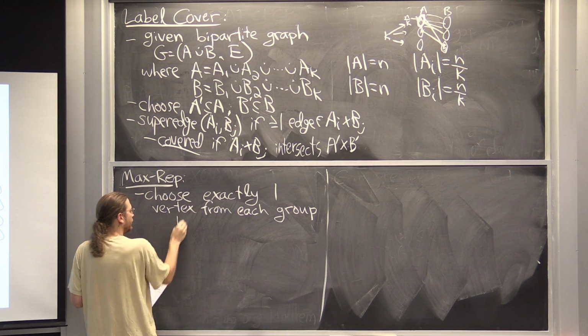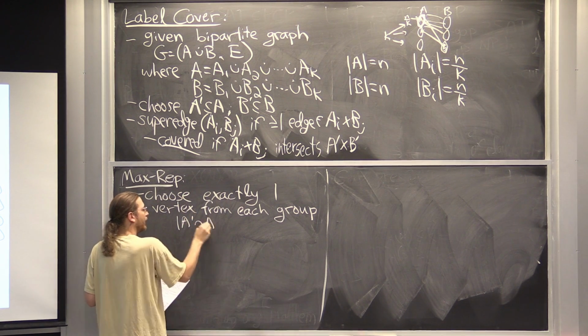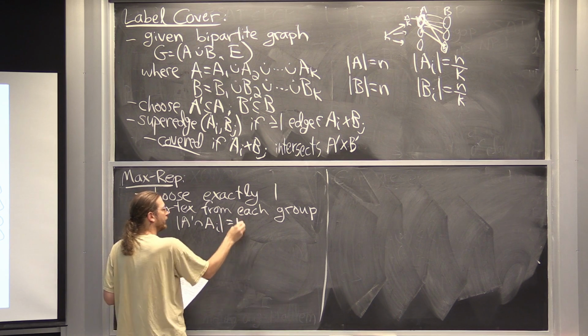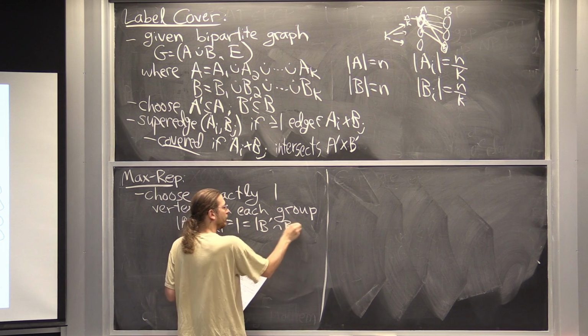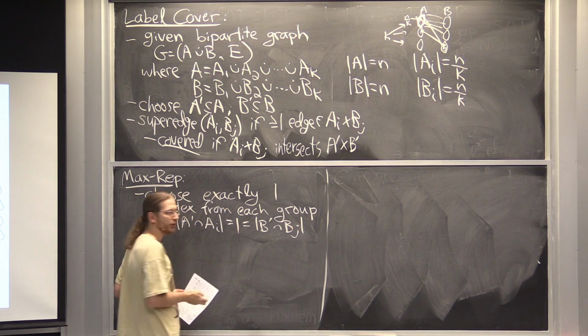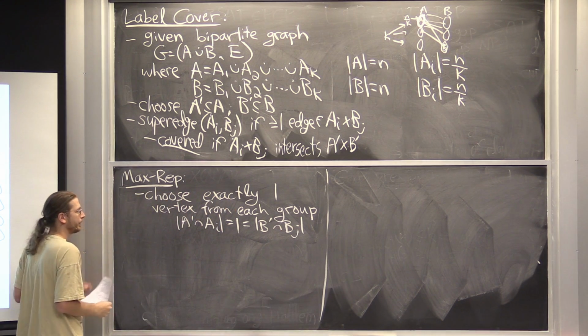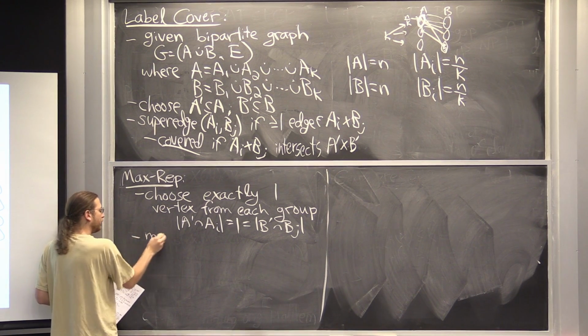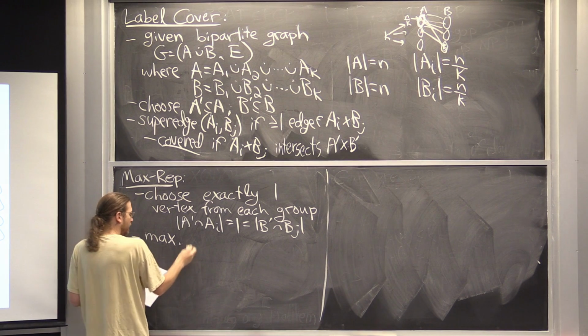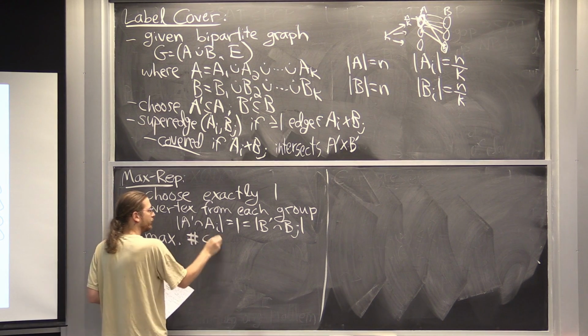So A prime intersect Ai equals 1, and B prime intersect Bj equals 1 for all i and j. Okay. And then subject to that constraint, we want to maximize the number of covered super edges.